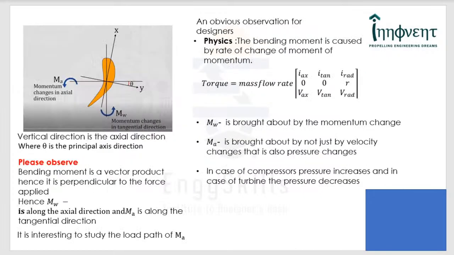Now, this is the cross section of the typical turbine blade, and you can see that I have also sketched the principal axes. When I say principal axes, in strength of materials, most students would have pursued it: the axis of minimum area moment of inertia and the axis of maximum area moment of inertia, especially for a structure which is not symmetric.